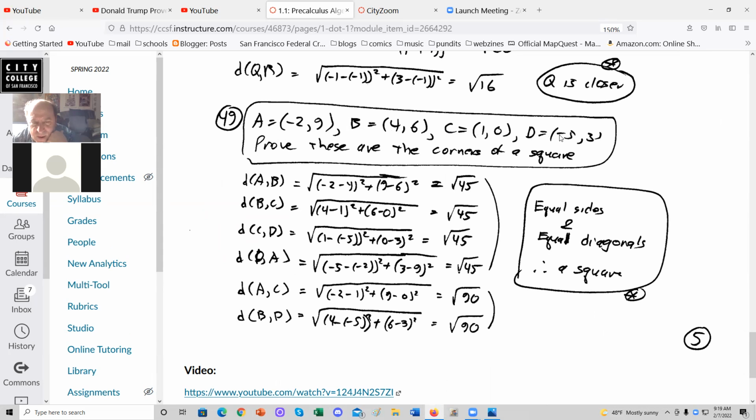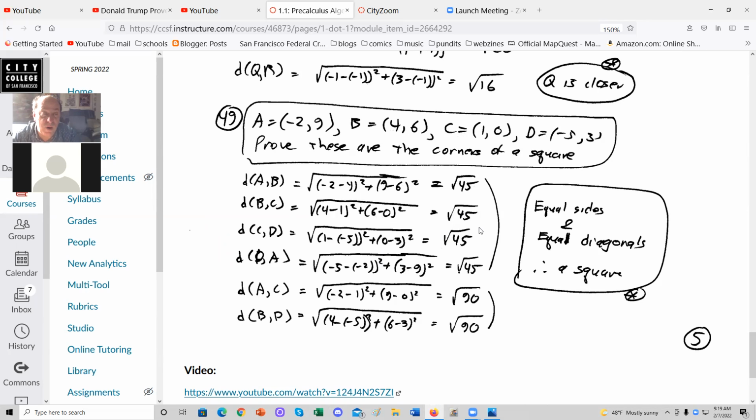Well, all right, so from distance from A to B, from B to C, from C to D, and D to A, we use the distance formula. -2 minus 4 squared, 9 minus 6 squared works out to root 45. 4 minus 1 squared, 6 minus 0 squared, square root 45. 1 minus -5 squared, 0 minus 3 squared, 45. -5 minus -2 squared, 3 minus 9 squared, root 45. So from A to B, B to C, C to D, and D to A are equal distances.